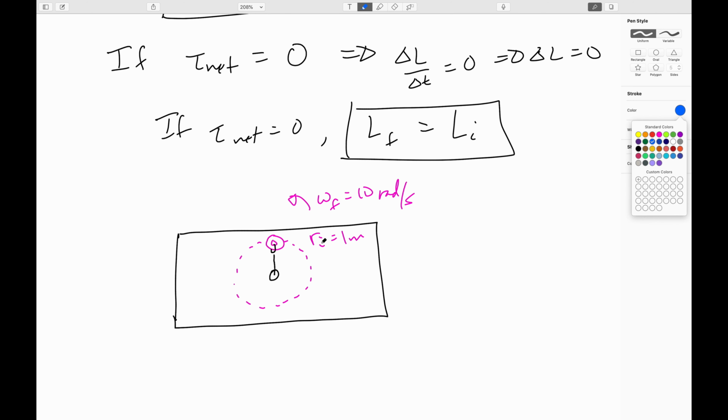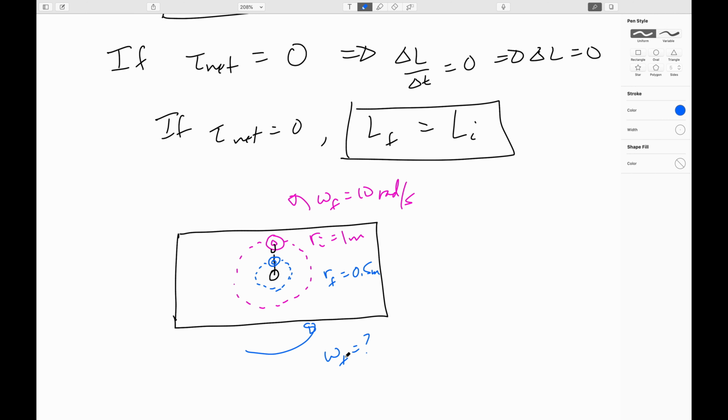Now, you go and pull on the string, or have your friend do it, or whatever. So eventually that washer gets closer to the hole, and it's going around a circle like this. And let's say the final radius is 0.5 meter. What we would like to know is what is the final angular velocity. And yes, I know that should say initial there.